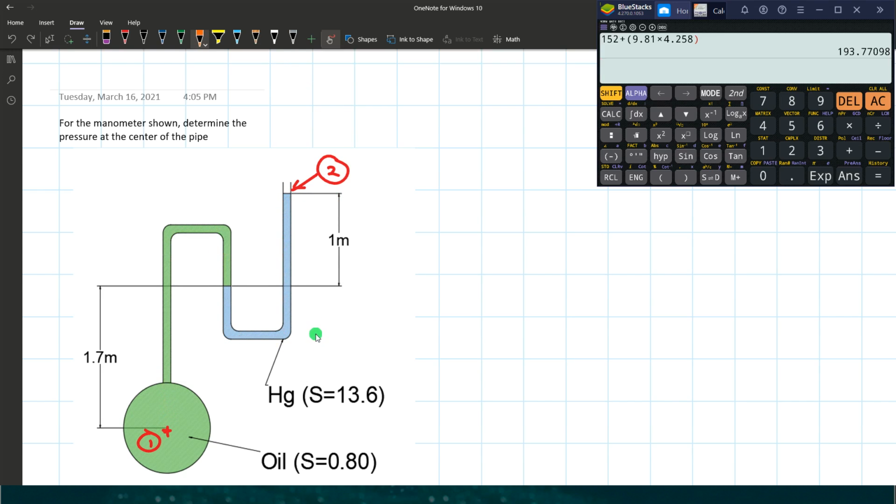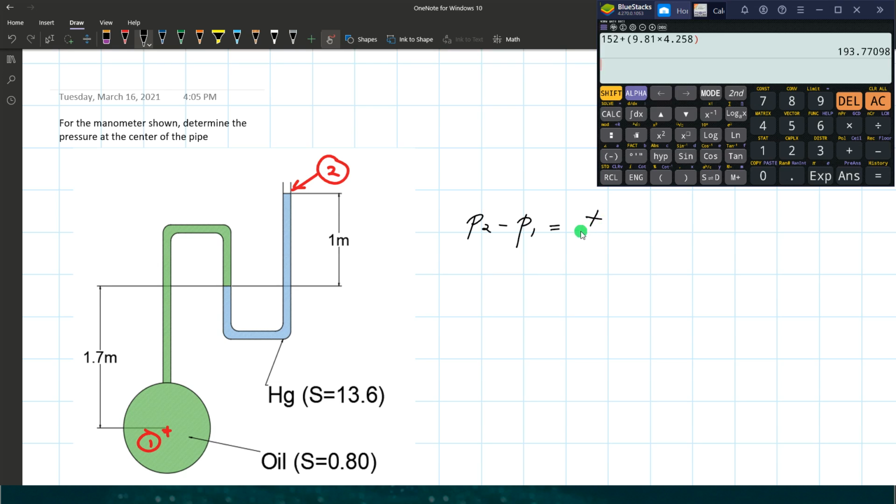So we have two liquids here. General solution, we have pressure difference P2 minus P1 is equal to the sum of the products of the unit weight and its height, or its difference in elevation of that particular liquid.